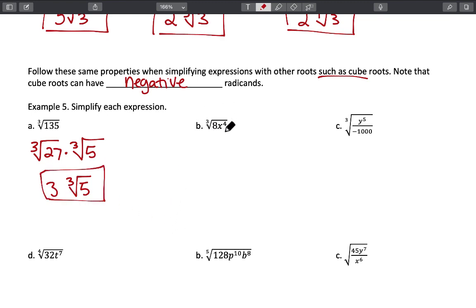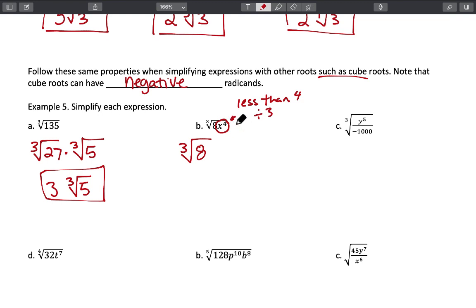Let's take the cube root now of 8x to the 4th. So let's break this down as the cube root of 8. And now we're going to take x to the 4th. Well, 4 is not divisible by 3, like some of our previous examples. So what you want to do is think of a number less than 4. All right, what's the highest number less than 4 that's divisible by 3?